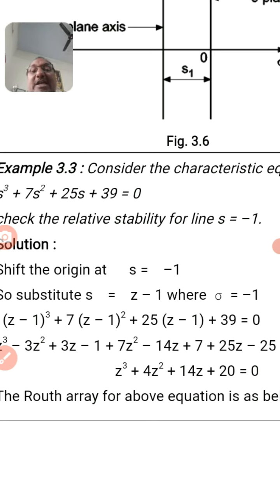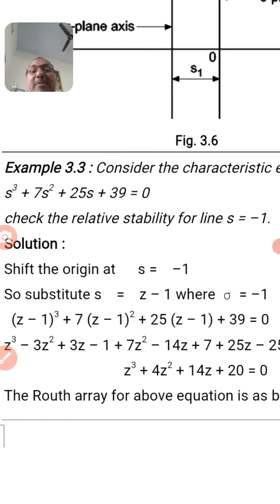Example 3.3 is s cube plus 7s square plus 25s plus 39 is equal to 0, and the characteristic equation after transforming the plane axis to minus 1 is z cube plus 4z square plus 14z plus 20 is equal to 0.